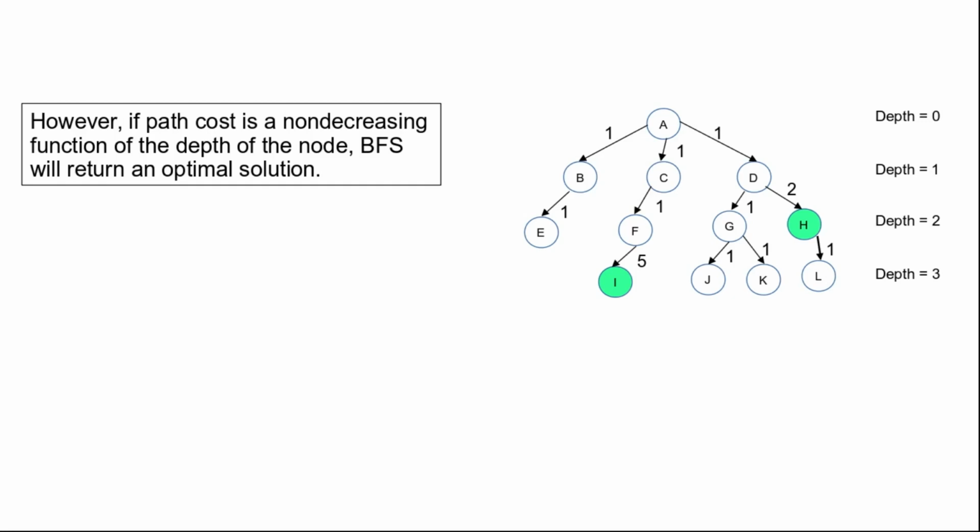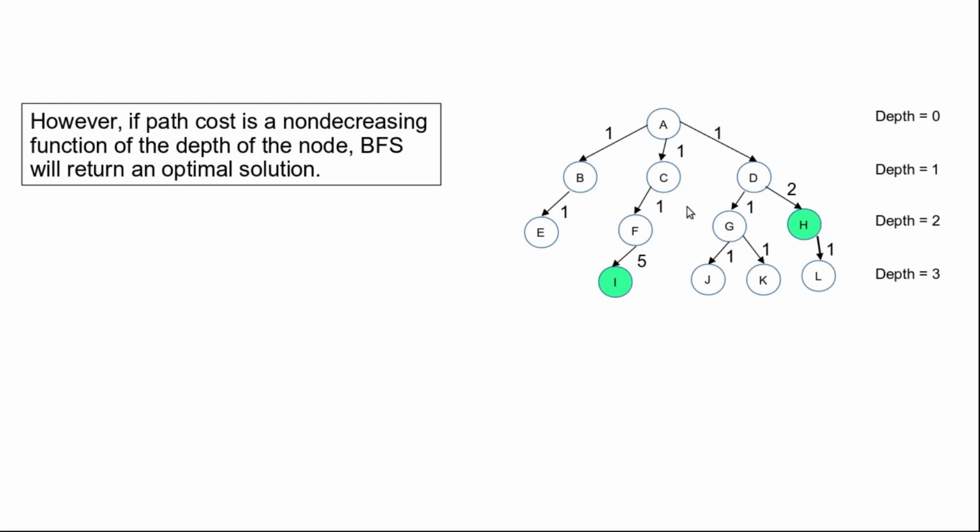For example, here again we have two goal nodes, but in this case the path cost is a non-decreasing function of the depth of the node. So we don't have any nodes whose depth is more, but its path cost is less compared to another node whose depth is less.